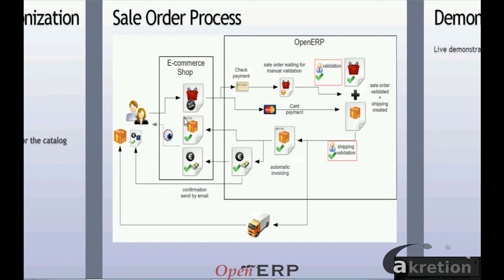We push the picking with the tracking number to Magento. So here is the process for managing the order. We can also send an email for the invoice and also for the picking. So we can also send by email the tracking number and every piece of information we want to send.